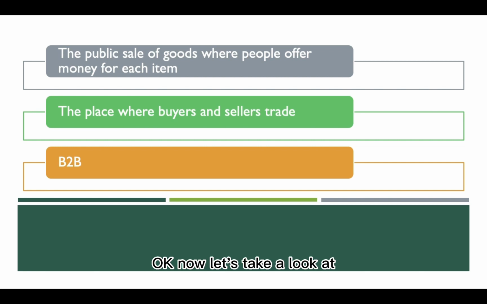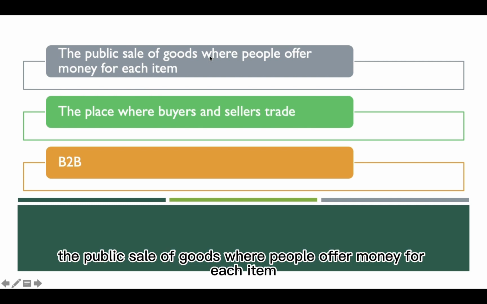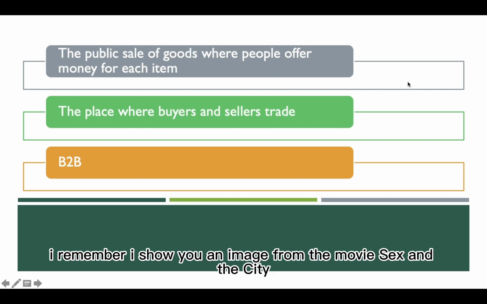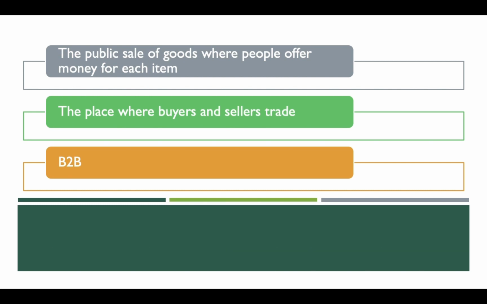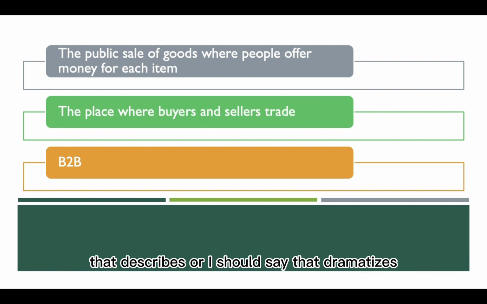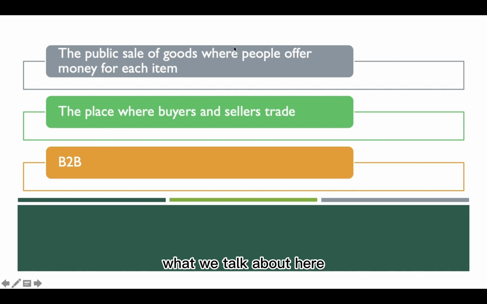Okay, now let's take a look at what each one stands for. The public sale of goods where people offer money for each item. I remember I showed you an image from the movie Sex and the City that dramatizes what we talk about here.